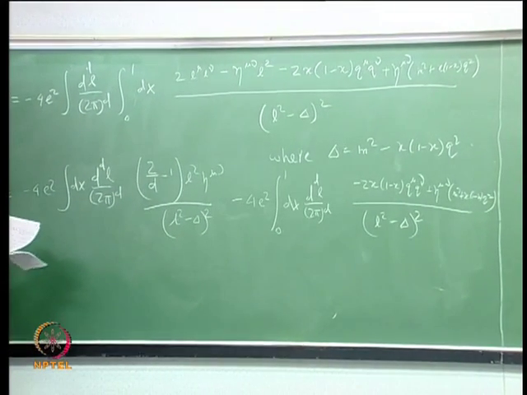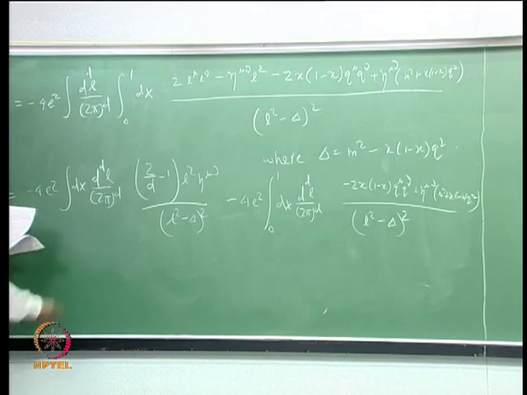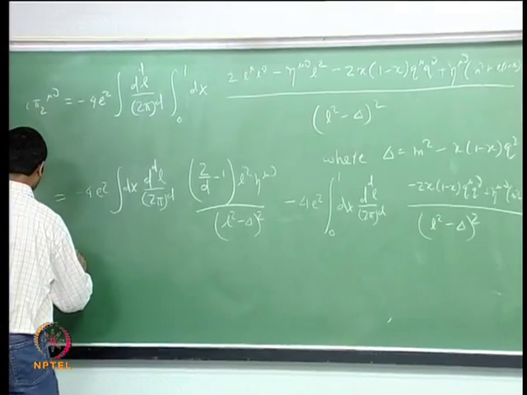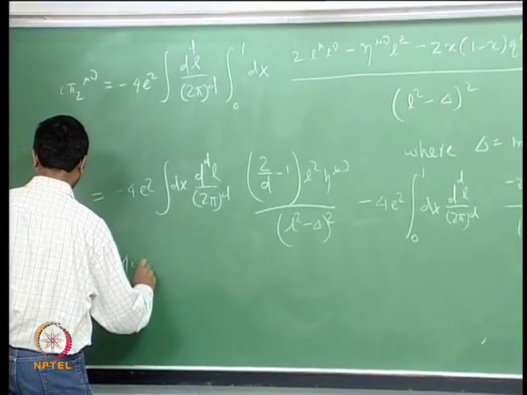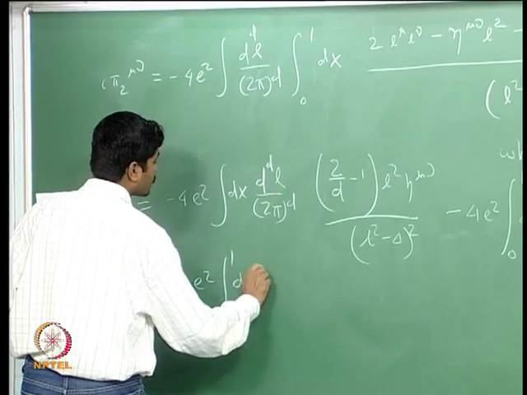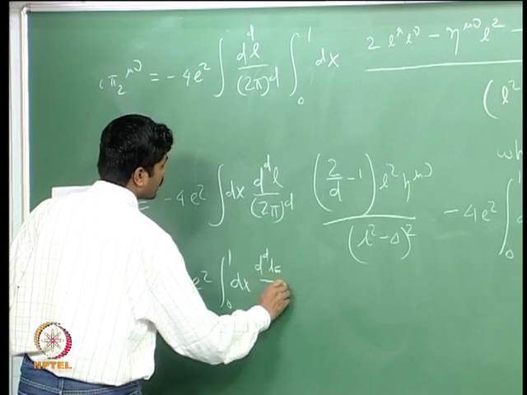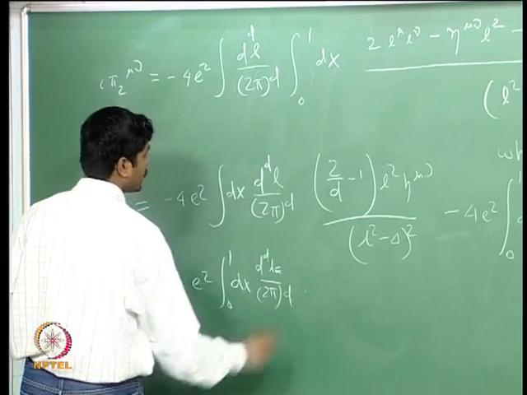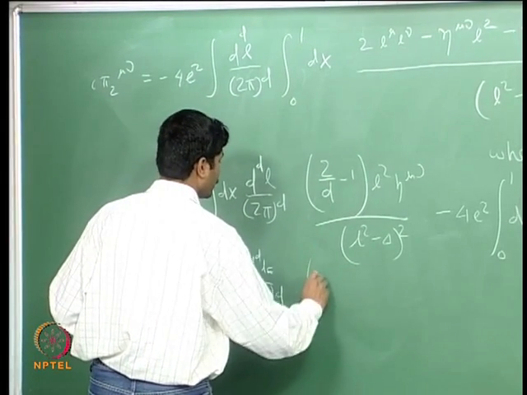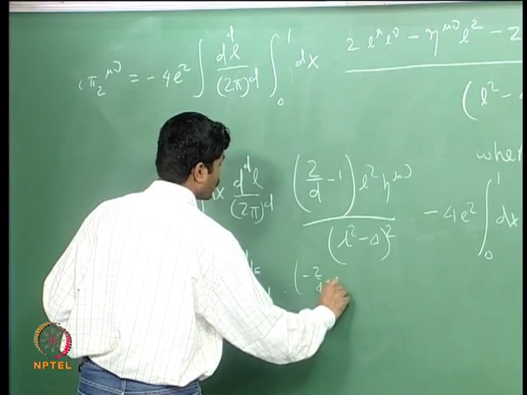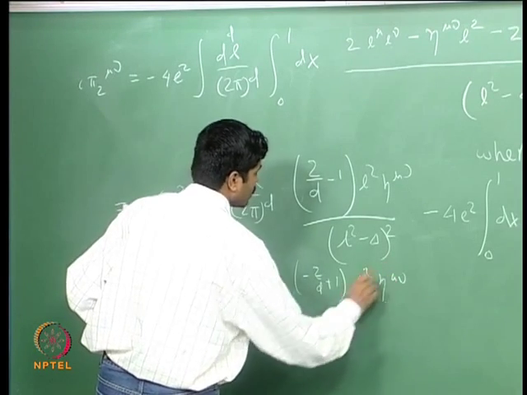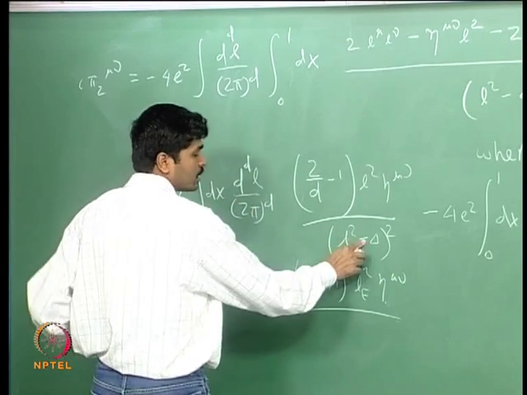When I do Euclidean continuation, what I get here is an overall factor of i: minus 4 i e square integral 0 to 1 dx, and this L will become L_E, so d^d L_E divided by 2 pi to the power d, and here I will get an overall minus sign. So, I will get minus 2 over d plus 1, L_E square eta mu nu, and here instead of minus this will become plus.